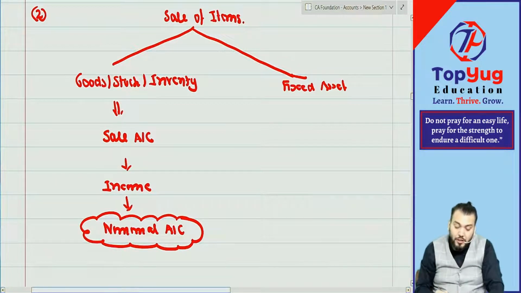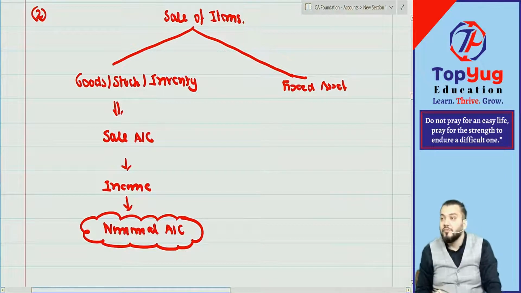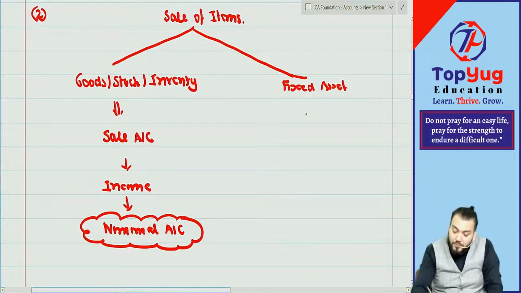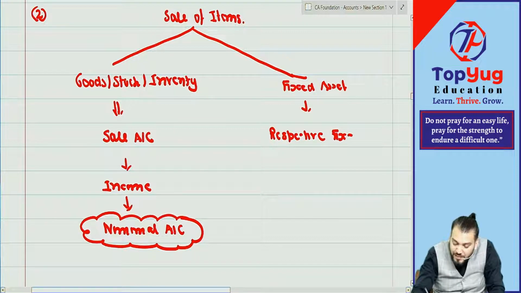Have you understood? So for sale of inventory, we will always open which account? Sales account. We cannot say inventory account. We need to say what? Sales account. Correct. But for sale of fixed asset, we need to deal with the respective fixed asset account only.